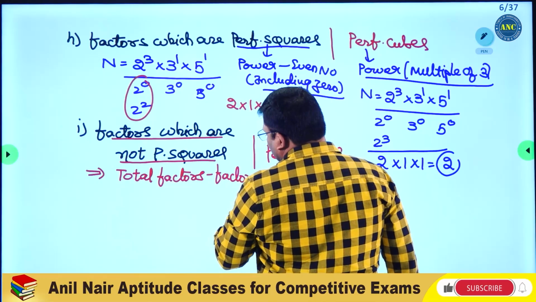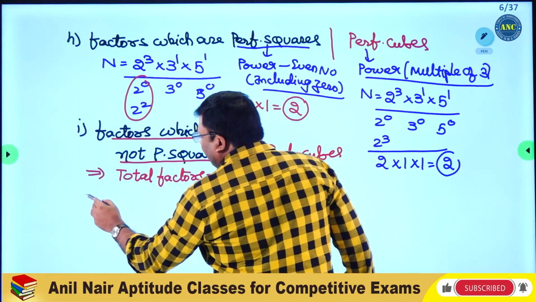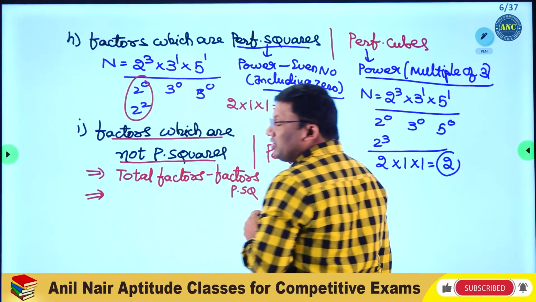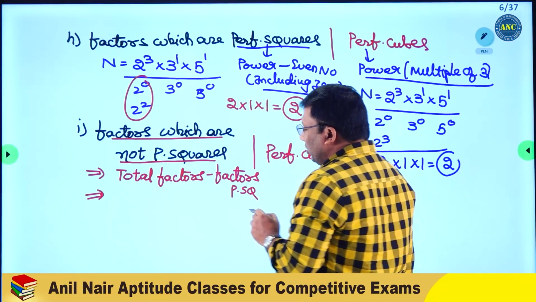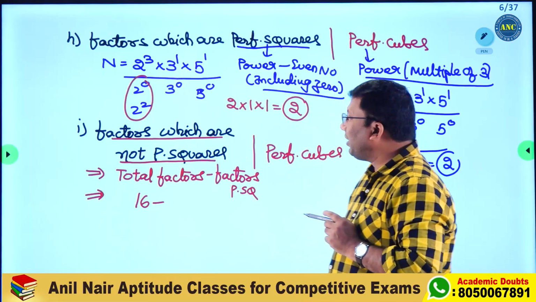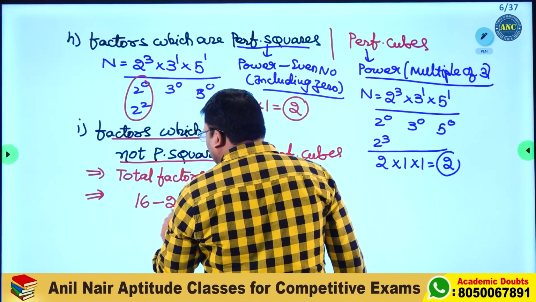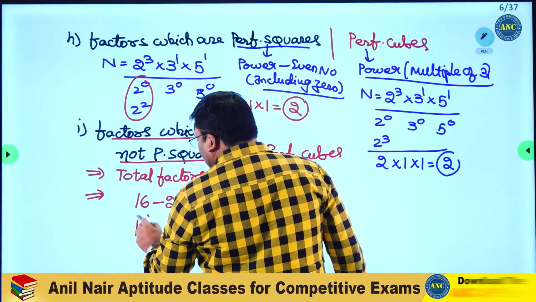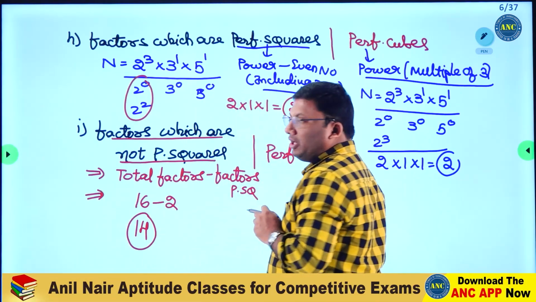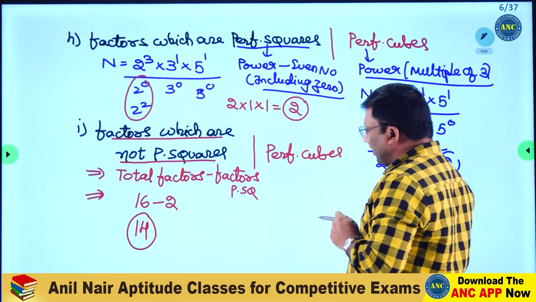That is the factors which are not perfect squares. Total factors is 16. Factors which are perfect squares is 2. 16 minus 2 is 14.